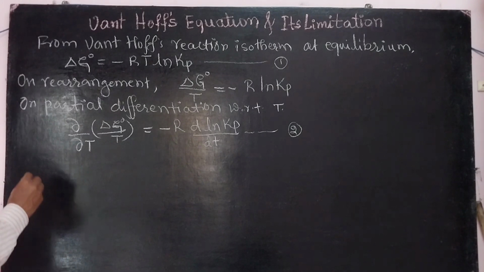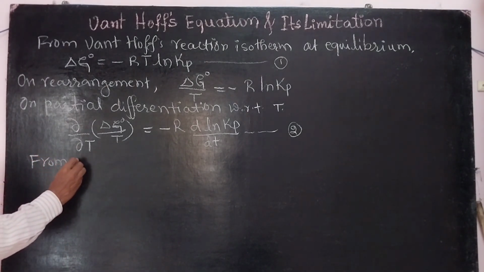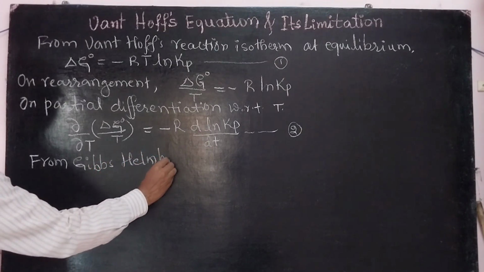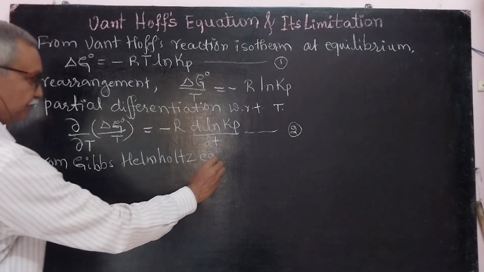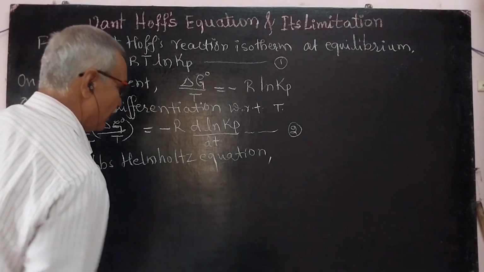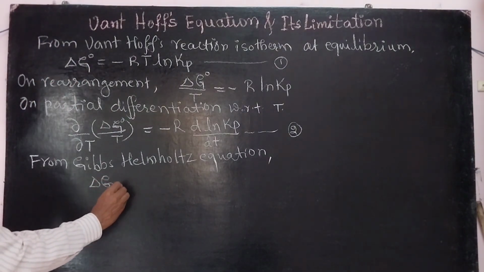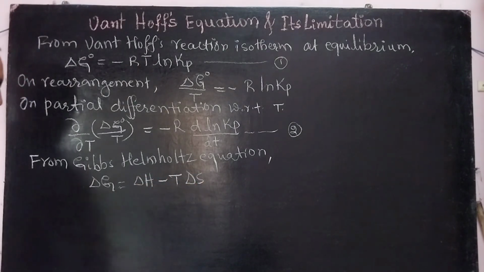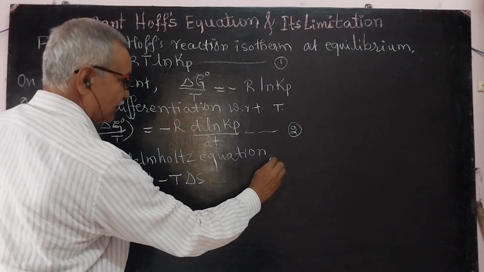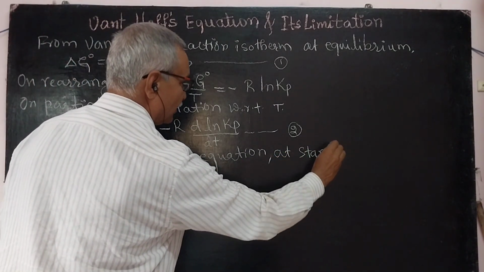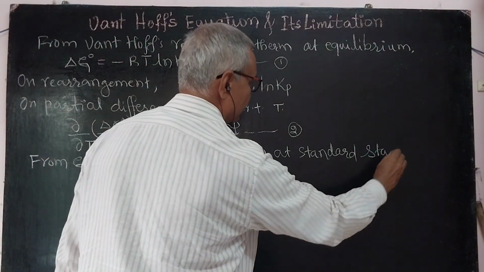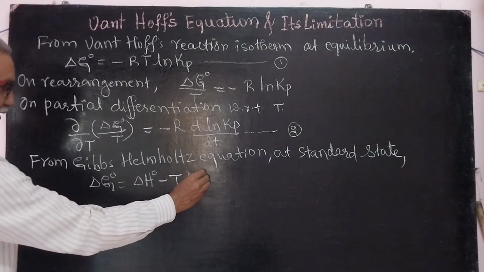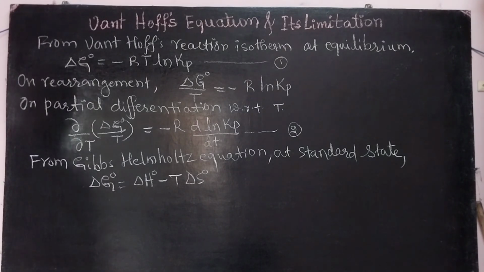From Gibbs-Helmholtz equation, we have delta G equal to delta H minus T delta S. At standard state, that becomes delta G naught equal to delta H naught minus T delta S naught.